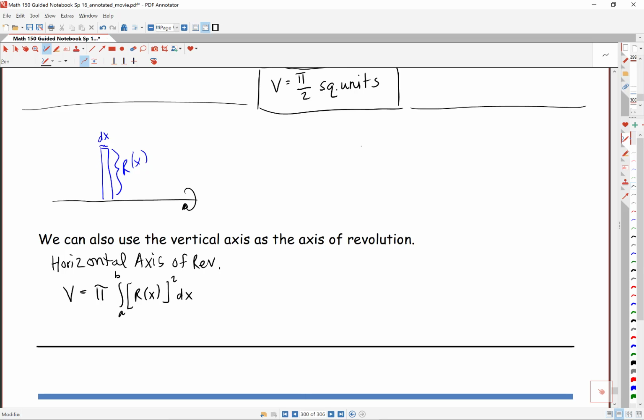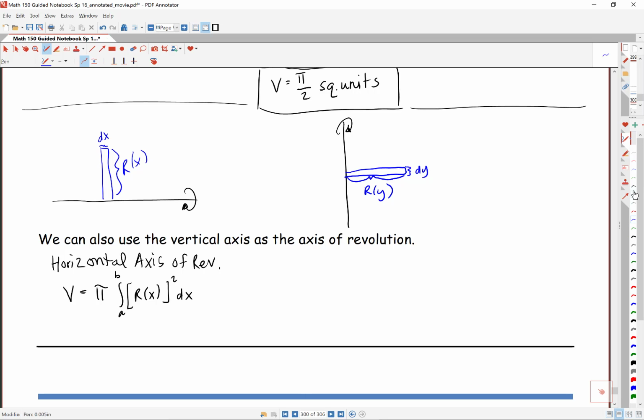Now, if you're thinking of a vertical axis of revolution, your representative rectangle will be perpendicular, and so this little piece is going to be dy, and this here is capital R of y. So your formula changes a little bit.